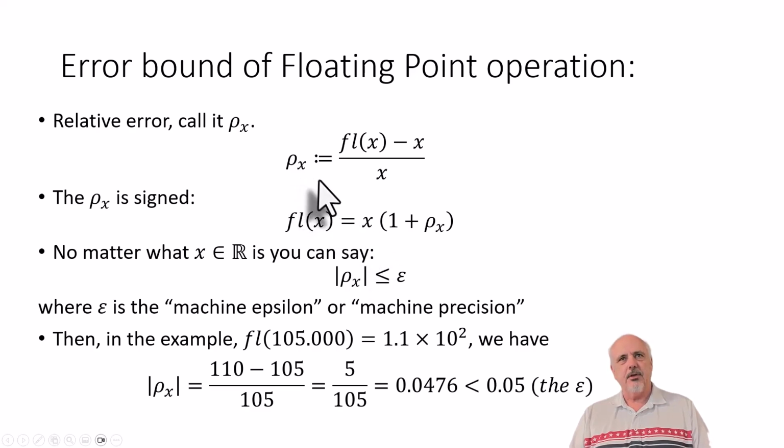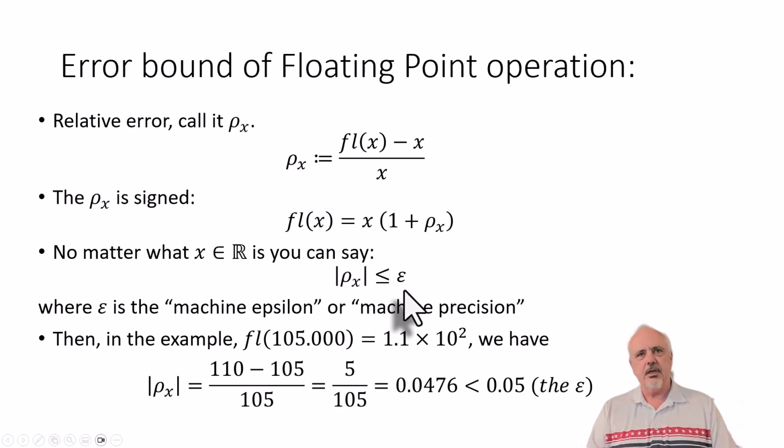We're going to say relative error is the absolute error divided by the true value, and we're comfortable rewriting it that way. So no matter what real value you have, the relative error of that floating point operation is going to be less than or equal to the machine epsilon.